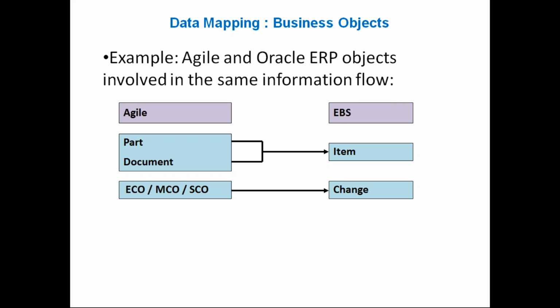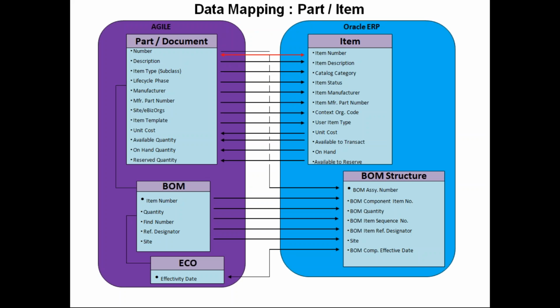In EBS, you simply have the concept of a change order, whereas in Agile, these are broken out into the three categories of engineering change order, manufacturing change order, service change order. So you want to realize that you're going to have multiple source points that are differentiated in Agile that essentially all look the same to EBS and to the EBS user.